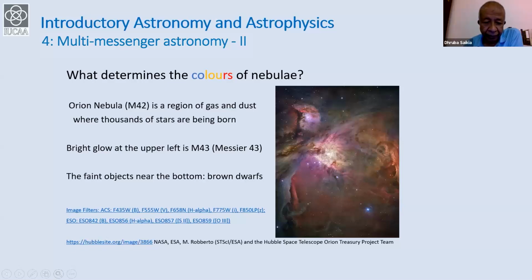Then obviously beyond that we can't go in hydrogen, but when you go to heavier elements, for example, oxygen III, doubly ionized oxygen, and so on and so forth. So this gas is being ionized by the ultraviolet or the high energy radiation from the hot stars which are forming.